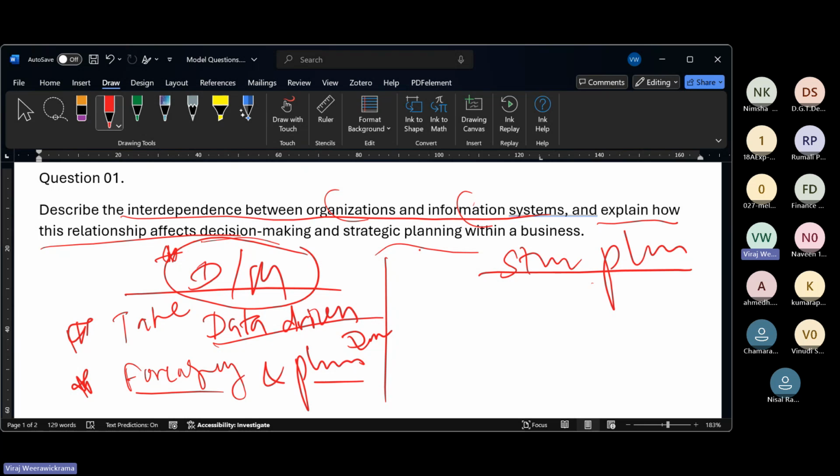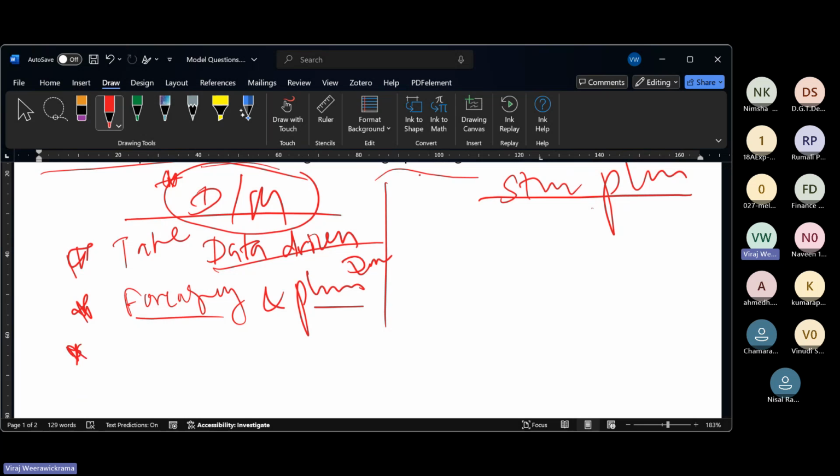What else? And also we can take collaborative decisions. What does it say? Any idea about this one? Collaborative decisions?